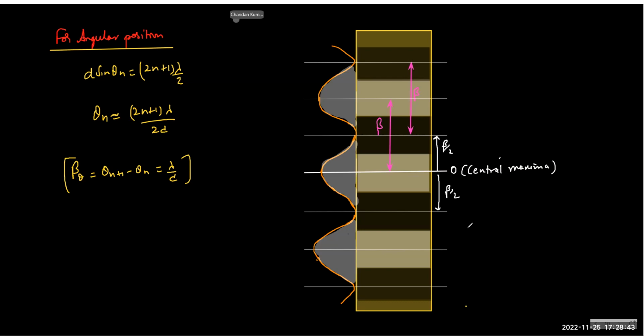And then if you move beta by 2 further, you get maxima. And then beta by 2 further, you get again minima. So if you move beta further, it will get the next minima. So beta by 2 is the first minima, second will be again beta away, 3 beta by 2. Understood? And so on. I hope this is clear.